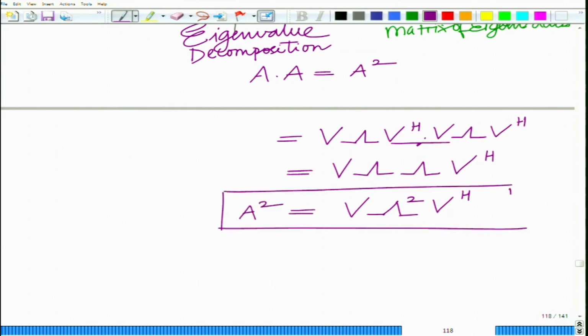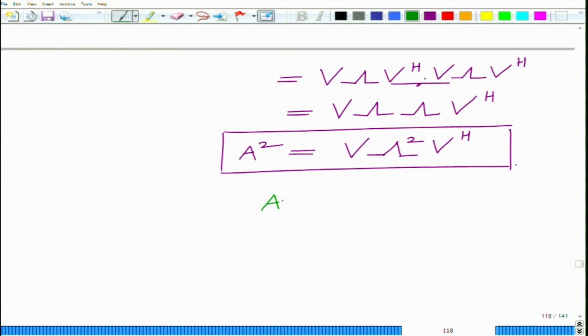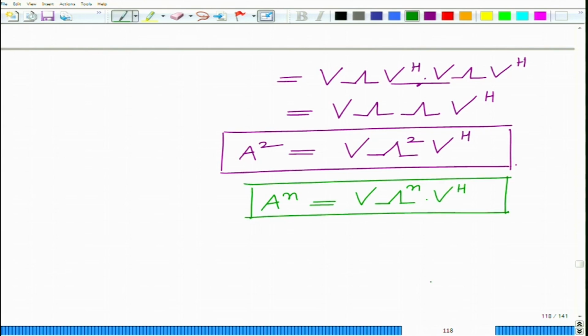Similarly, you have many other interesting properties. For instance, you can generalize this as A raised to m for this Hermitian symmetric matrix is V lambda to the power of m V Hermitian, and lambda to the power of m is easy to compute since it is a diagonal matrix. All it contains is each lambda i raised to the power of m on the diagonal.